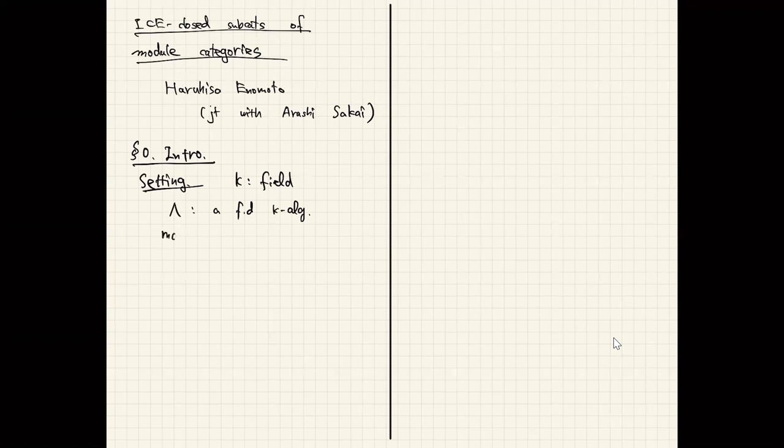And mod lambda denotes the category of finitely generated right lambda modules. This is an abelian category. In the representation theory of algebras, we are mainly interested in this module category, or some related category like the derived category of mod lambda.